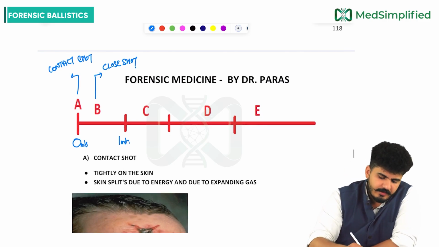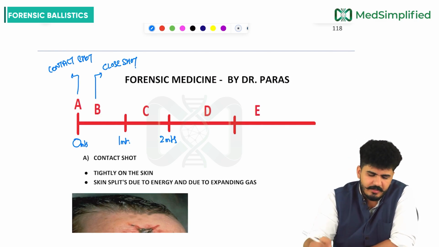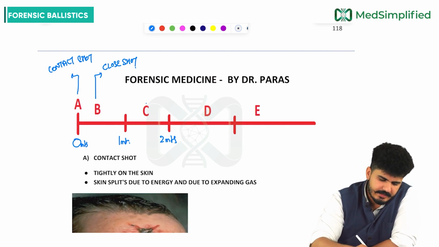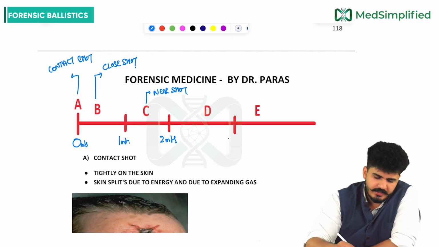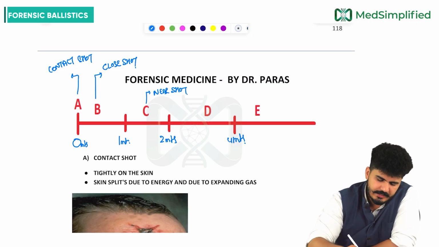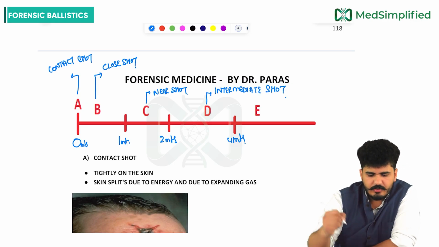Third is between 1 meter to 2 meters. The shot which is taken between 1 meter to 2 meters is C, and C is near shot. Then the shot which is taken between 2 meters to 4 meters is D. D is called intermediate shot.